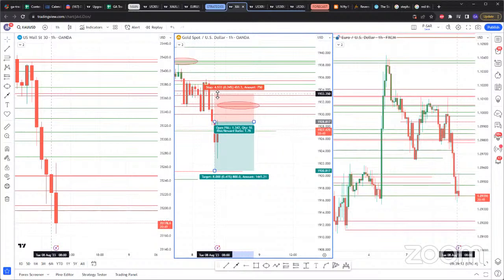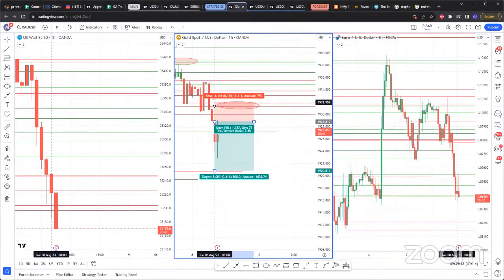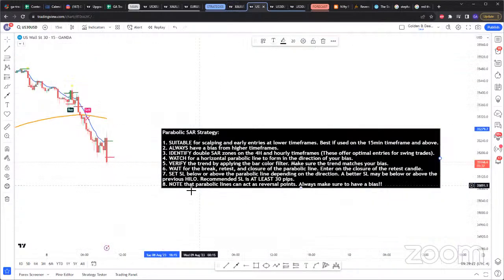If you're going above the high, you could have gotten a 40 or 47 pip stop loss if you're going above the SAR. So the requirements for stop loss: below or above the parabolic line, depending on direction. A better stop loss may be above or below the previous high or low.